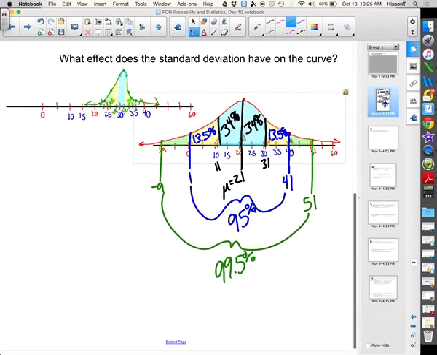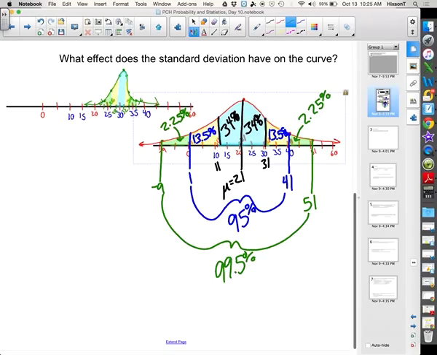So that means how much would have to go in each of these little pieces? 2.25%. Okay, 2.25% is going to go there, and 2.25% is going to go there. And then that only leaves a 0.5% beyond 3 standard deviations.